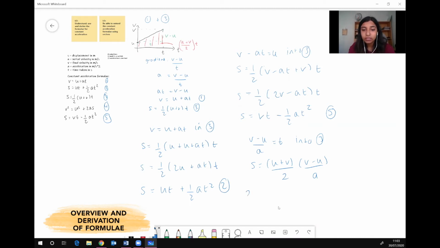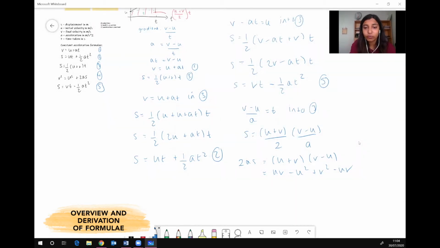Then we'll get 2as is equal to (u plus v) times (v minus u). Now if we expand our brackets, we'd get uv minus u squared plus v squared minus uv. So we get 2as is equal to minus u squared plus v squared, and if we rearrange it, we get v squared is equal to u squared plus 2as.